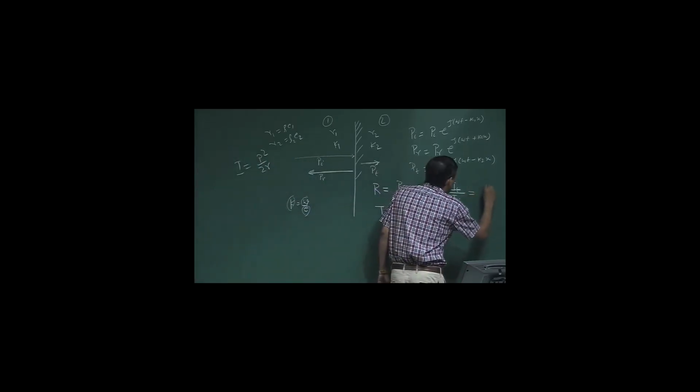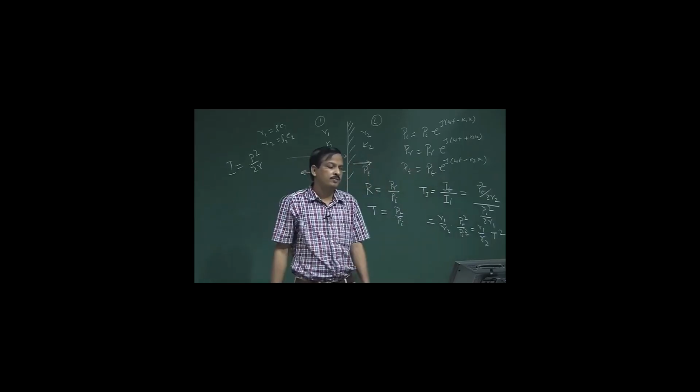So, I can say IT is nothing but Pt square divided by 2R2, divided by Pi square divided by 2R1. Okay. So, this is nothing but R1 by R2 into Pt square divided by Pi square, which is R1 by R2 into T square, where T is the pressure coefficient.